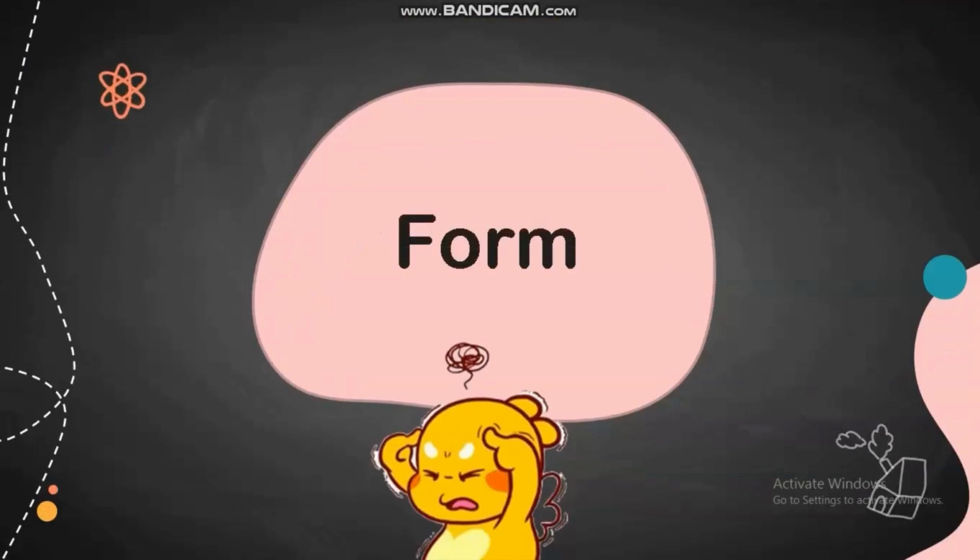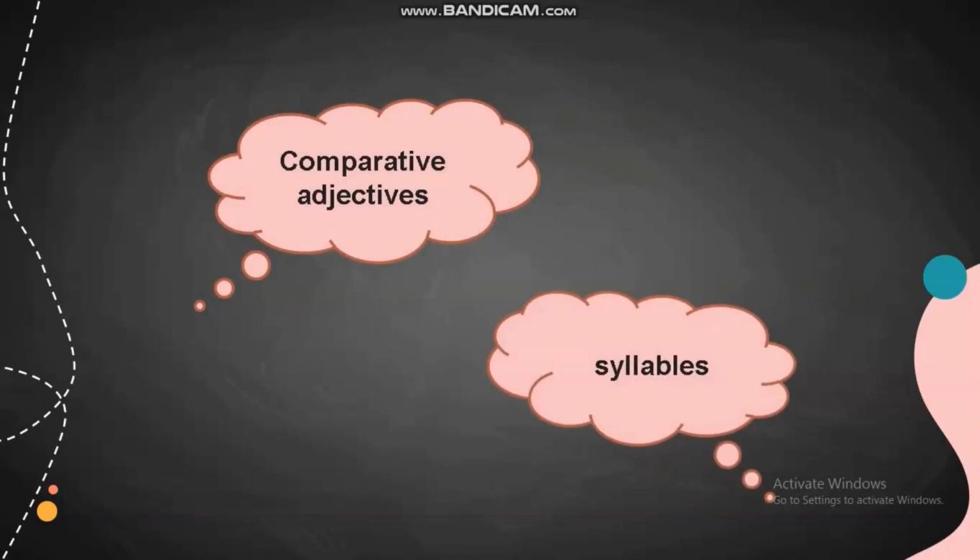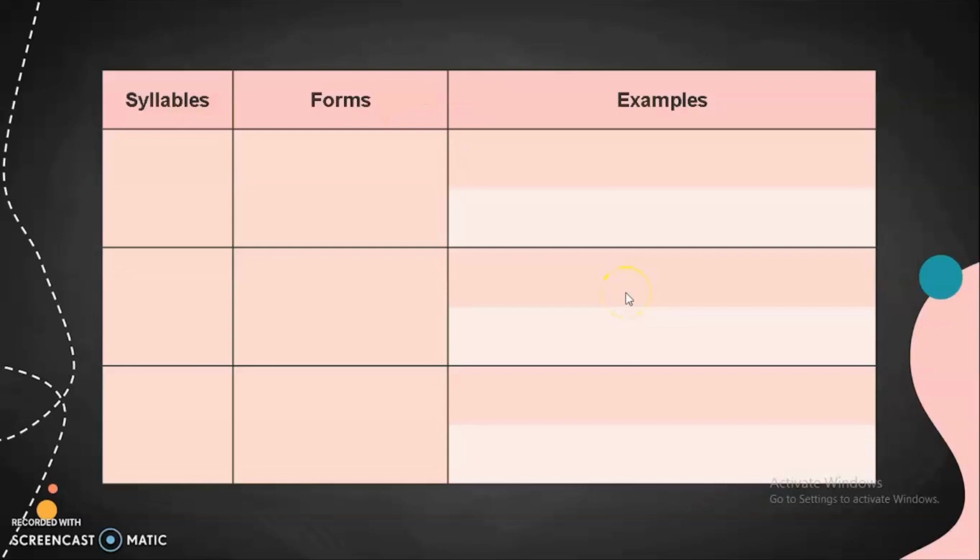How are comparative adjectives formed in English? It depends on how many syllables the adjective has. For one-syllable adjectives, we add -er to the adjective.